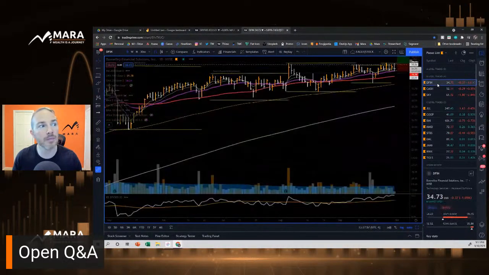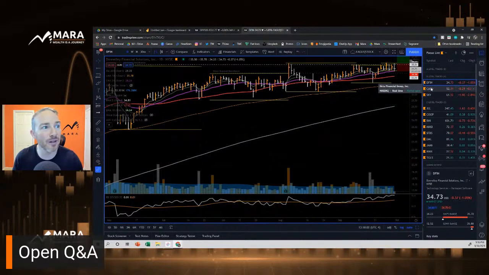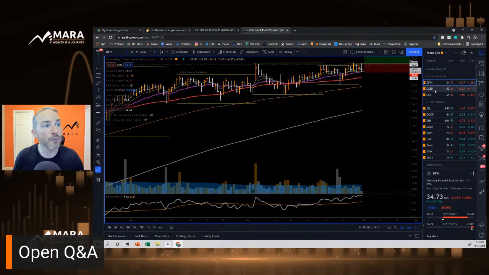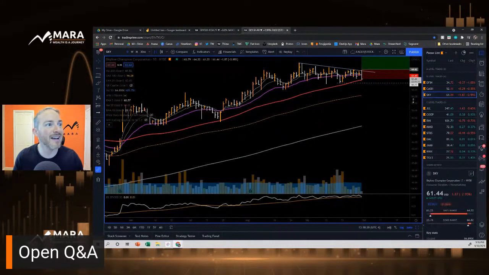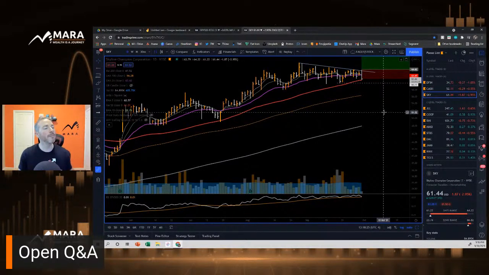Like the potential B level trades that I saw, and I told everybody too, for today, my swing trading account is sitting in cash. I saw three trades that were kind of sort of interesting last night, but not really. It was DFIN, Cash, and Sky, and there were flaws with all of them. And it's like, you know what? If the market is that thin and there's not that many setups, then I would rather just sit and wait.